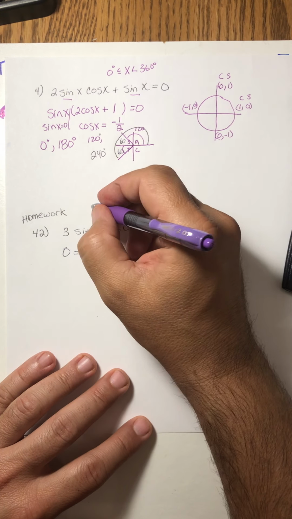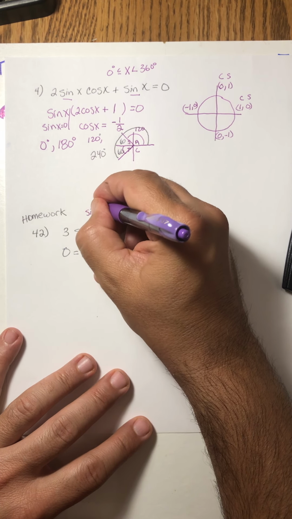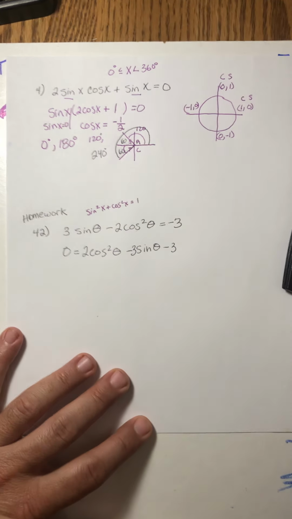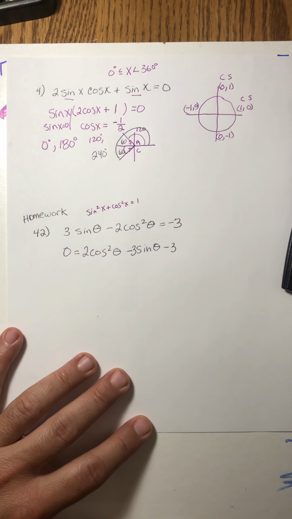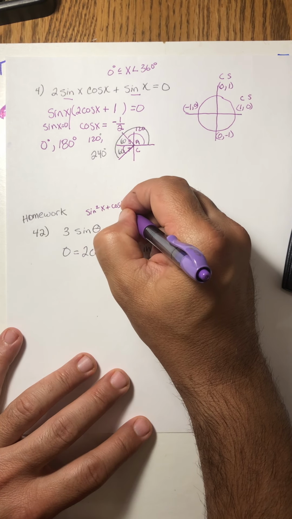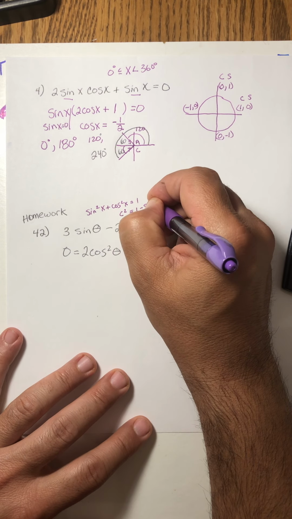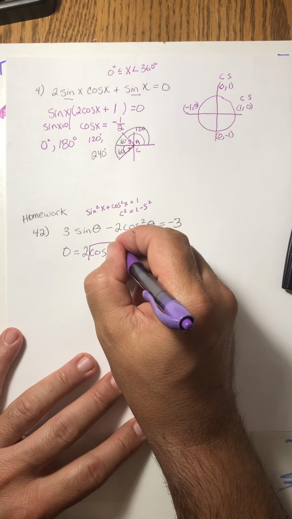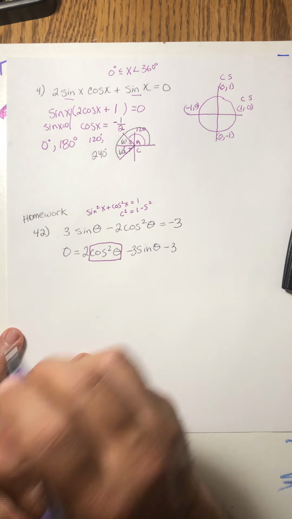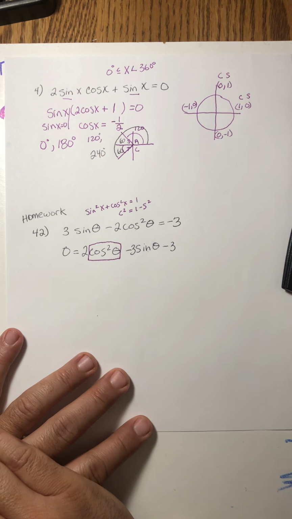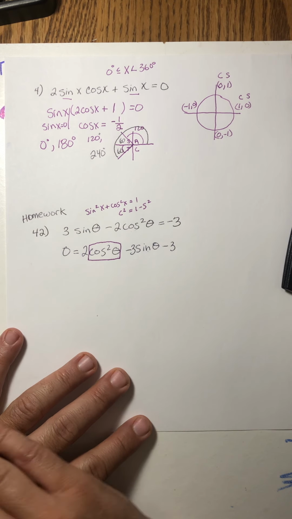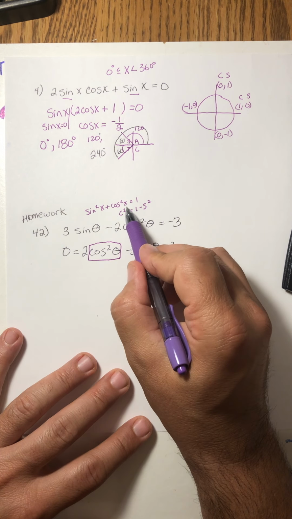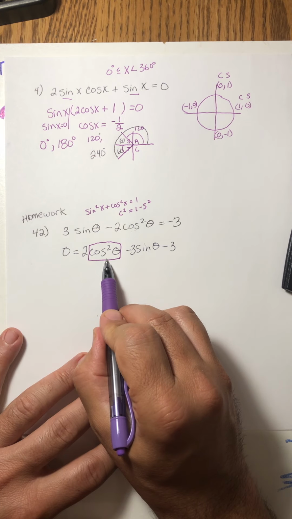Remember that Pythagorean identity? Sine squared of x plus cosine squared of x equals 1, and all of its variations. So from this, I can write cosine squared is equal to 1 minus sine squared. There we go. So I'm going to use an identity right here, so it's in terms of sines. I'm going to do my substitution.